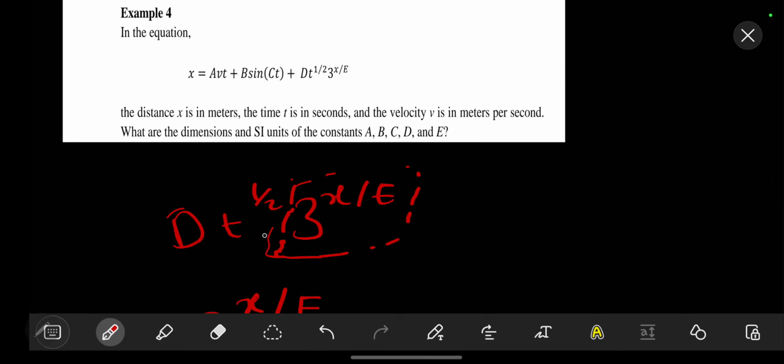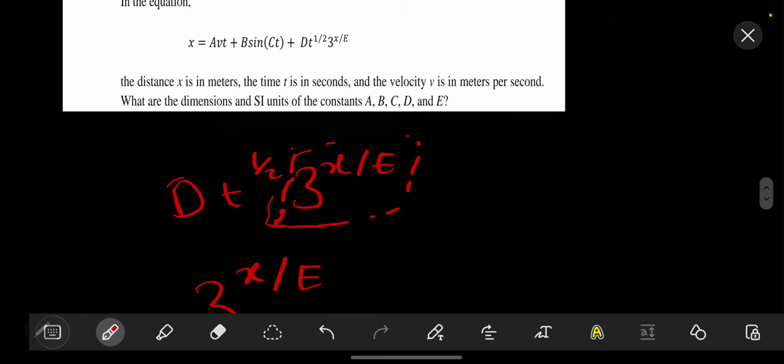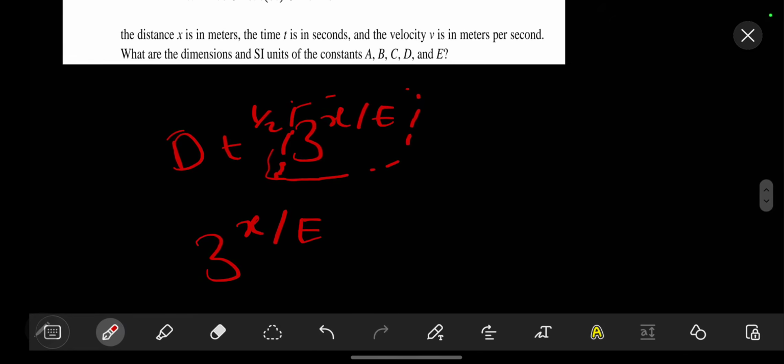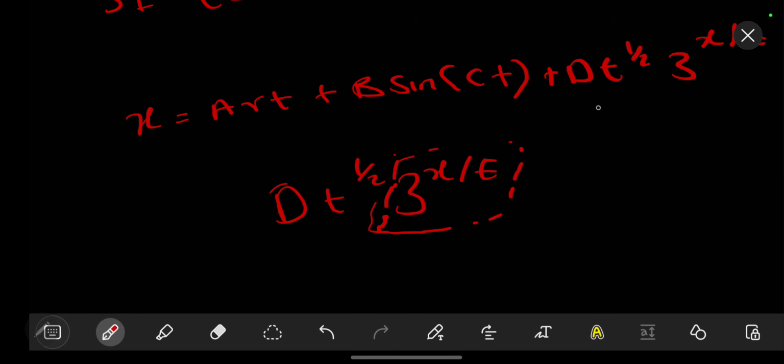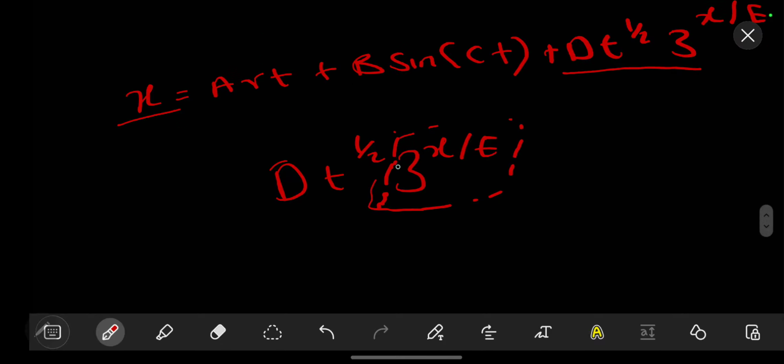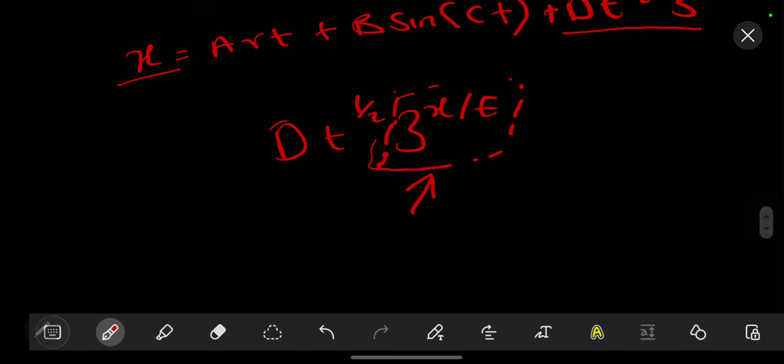Now getting our d t to the power half, just as we have discussed, the dimensions that are here are the same as the dimensions that are here. So extracting our d t to the power half, 3 to the power x over E, we know that the exponent of a pure number is considered dimensionless.